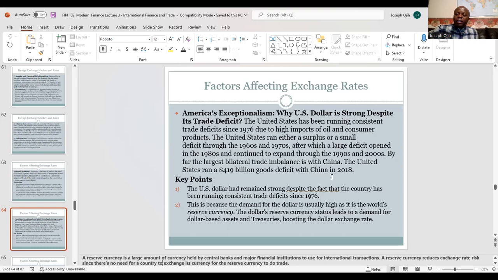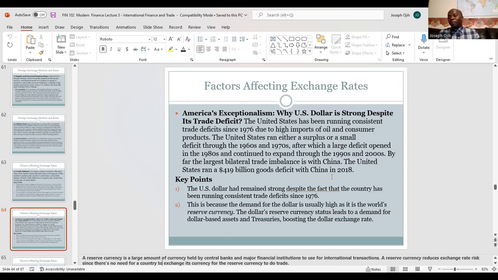That's bringing the demand for US currency due to that reserve currency status. So those countries that we buy from, they sell to us, we pay them dollars. Then they turn around and buy our assets, like bonds and stocks, that are denominated in US dollars. As a result of that, the dollar keeps on going up and up.